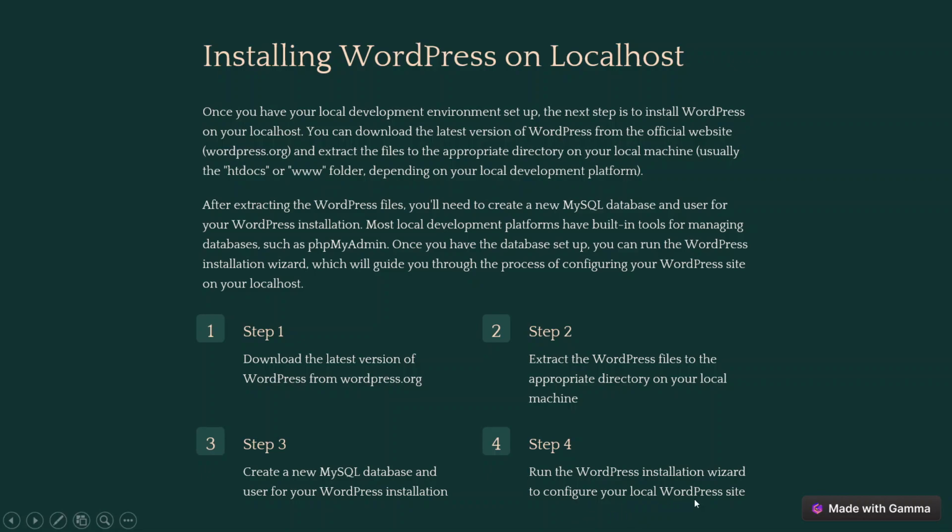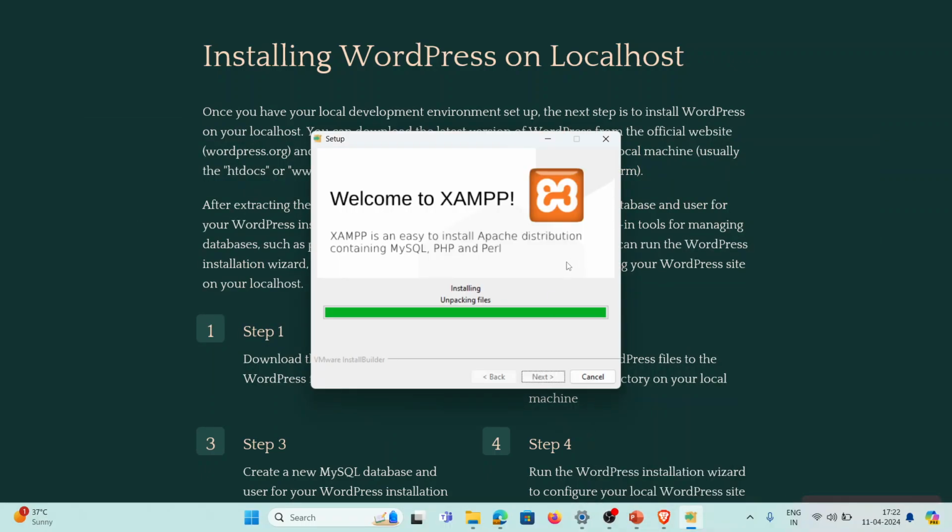Okay, so we are now going to check whether our XAMPP is installed or not. Yes, it is almost in the finishing phase. Here is what XAMPP means. XAMPP is an easy to install distribution: A for Apache, M for MySQL, P for PHP, and the last P for Perl.